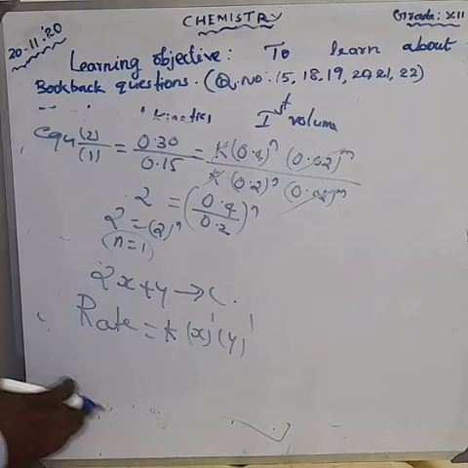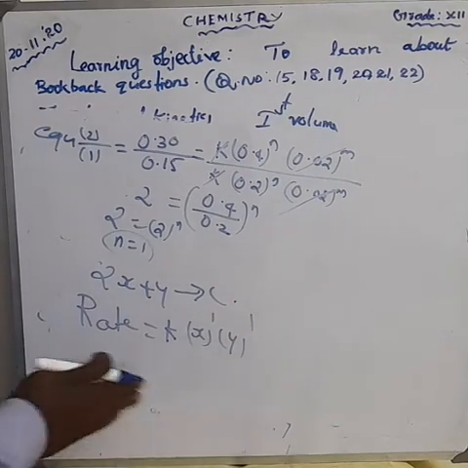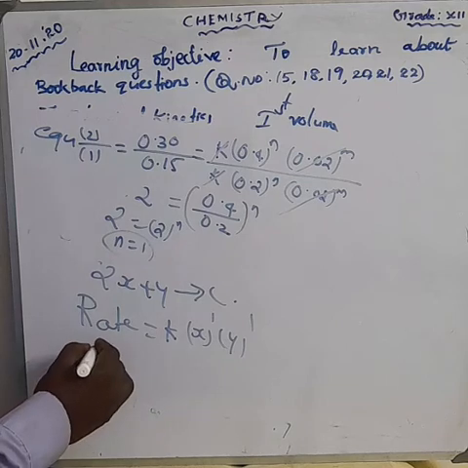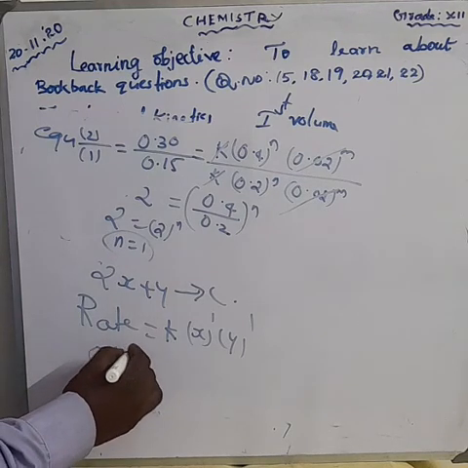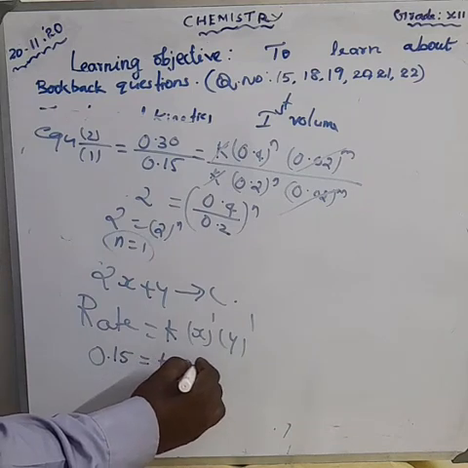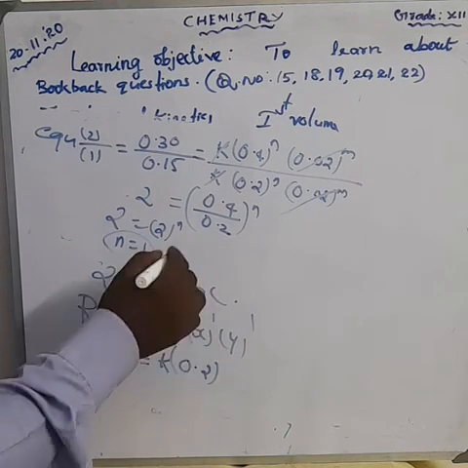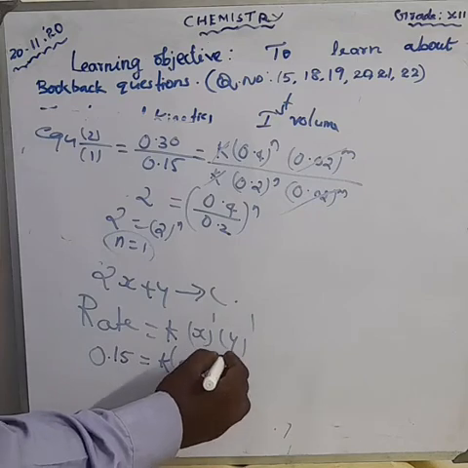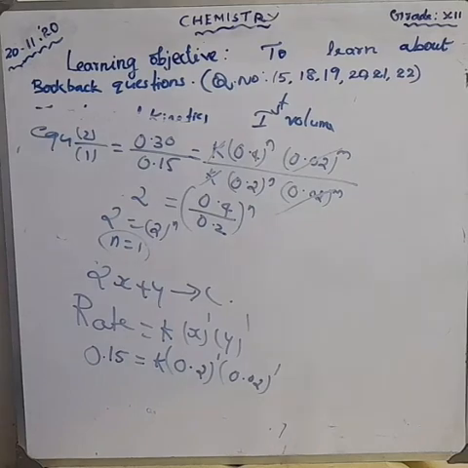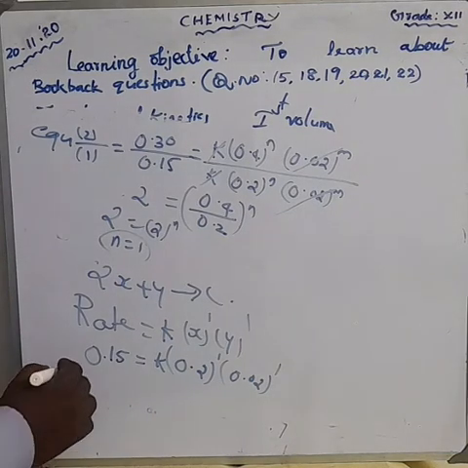Okay, so 0.15 equals k into 0.082, right, 1 and 0.021. Clear?